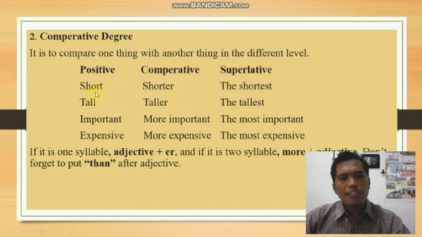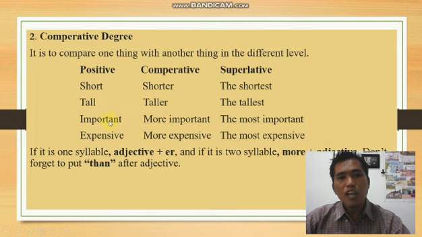If the adjective has one syllable, we have to put er. Short becomes shorter. Tall becomes taller. If the adjective has two or more syllables, then we have to put more before the adjective. More important.